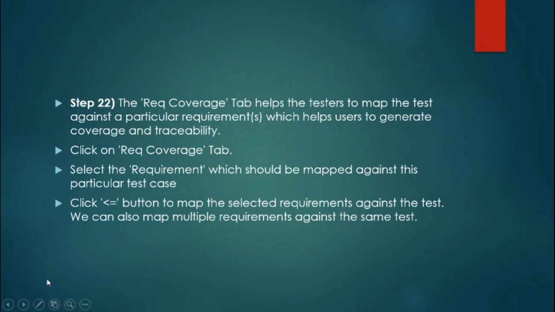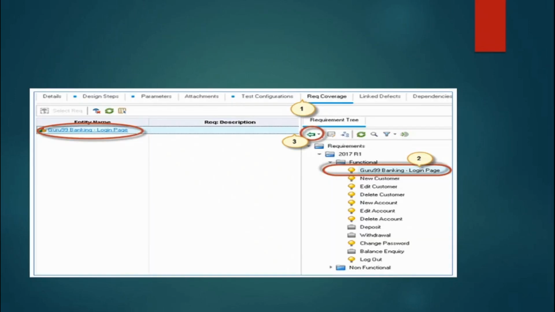So now let's see how you will do the requirement coverage. For that, you have to click on the requirement coverage tab. You have to select the requirement that should be mapped and click on the arrow button to map the selected requirement. Once you have written the test case, you click on requirement coverage, then select the requirement from the particular folder.